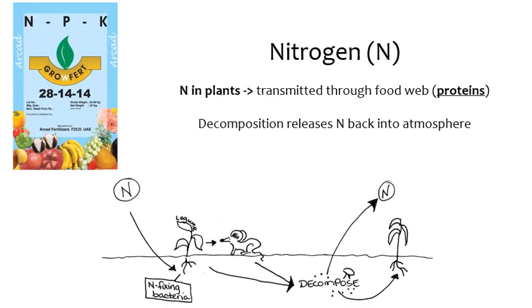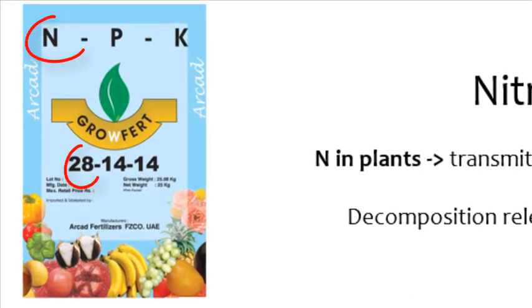Nitrogen, by the way, is used in fertilizers and is usually the highest percentage. Fertilizers have on their packaging these NPK numbers. The numbers correspond with nitrogen, N, phosphorus, P, and potassium, K.